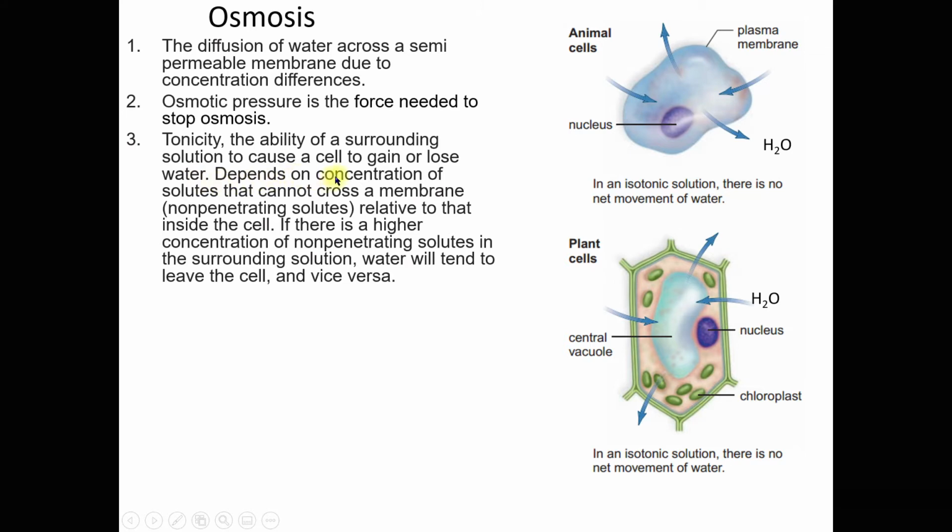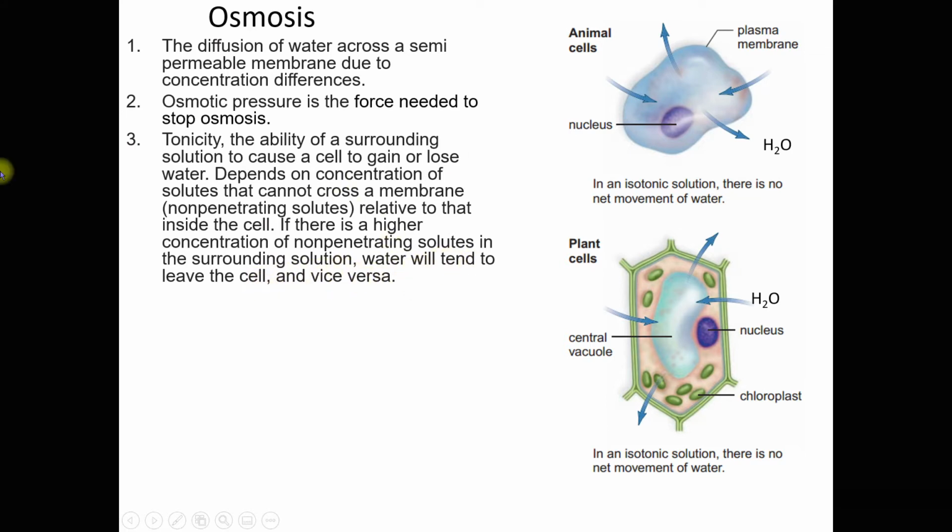It depends on the concentration of solutes that cannot cross a membrane relative to that inside the cell. If there is a higher concentration of non-penetrating solutes in the surrounding solution, water will tend to leave the cell, and vice versa.